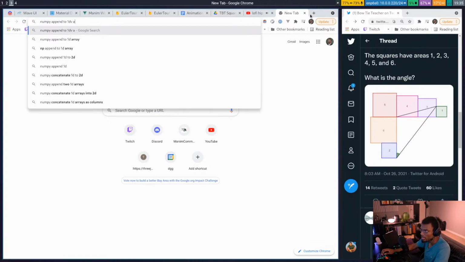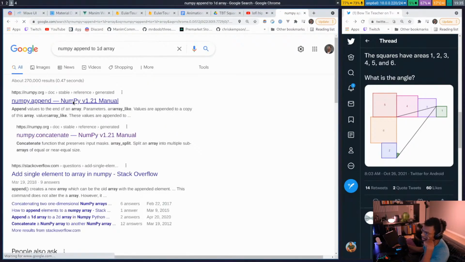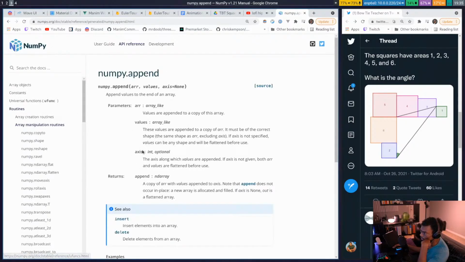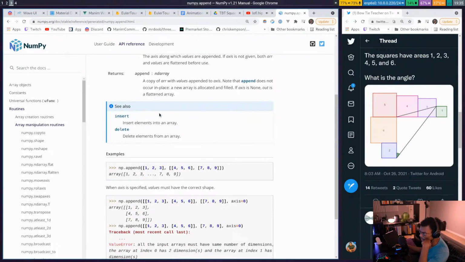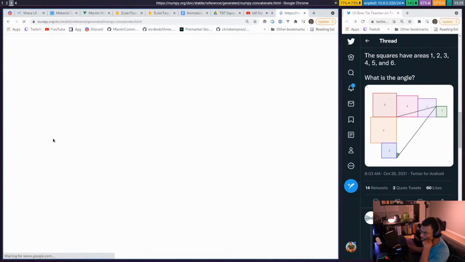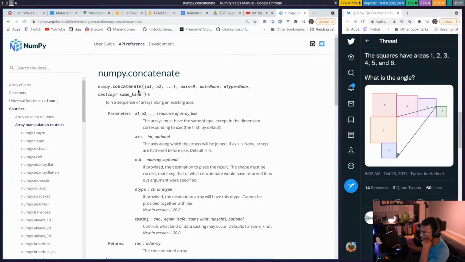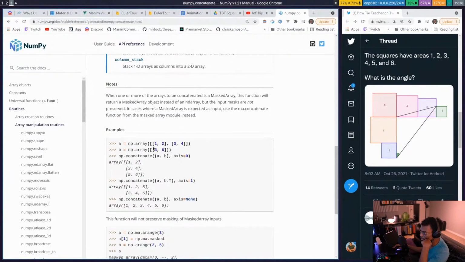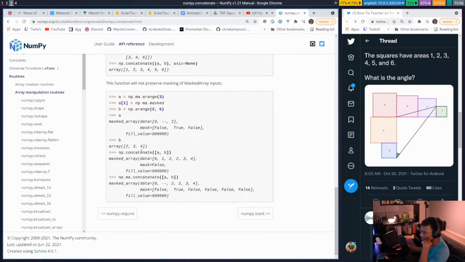To 1B array. Really, it just needs to be a function like model to world or something like that. Like np.concatenate a b.